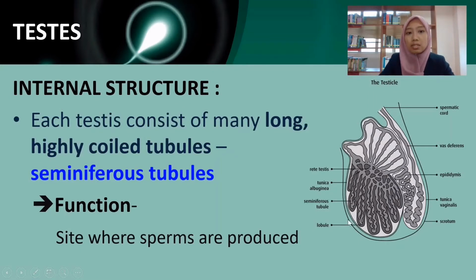The internal structure of testis consists of many long, highly coiled tubules, called seminiferous tubule. So what is the function of seminiferous tubule? It is the site where the sperms are produced.